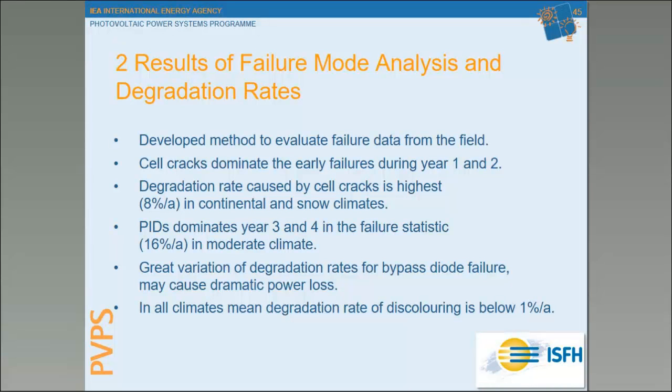Cell cracks dominate in the early failures during year 1 and 2, and the degradation rate caused by snail tracks is highest in continental and snow climate. PID usually dominates in year 3 and 4 in the failure statistics in moderate climate, but there is a great variation of all degradation rates, particularly for bypass failures, and they also cause a dramatic power loss.